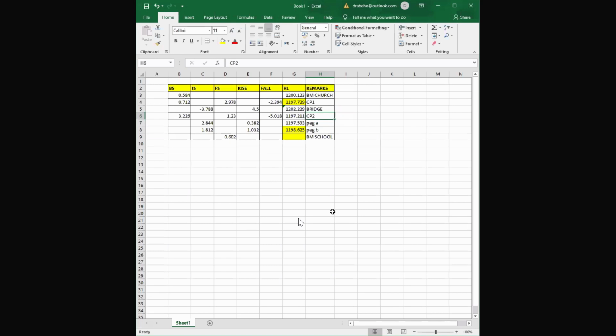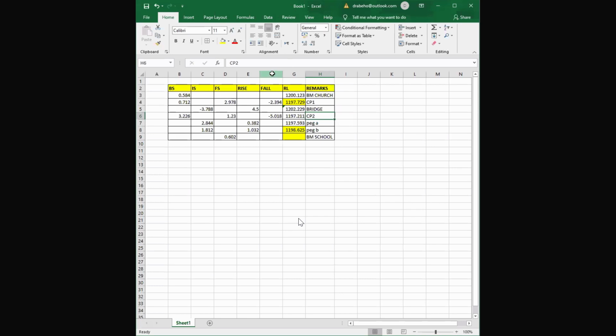Madam, excuse me, madam. Yes, please. From the height of collimation method, I still don't know how you got the reduced level at change point 2. You have to add the reduced level at the bridge plus the foresight reading that was 1.230 to get the reduced level.